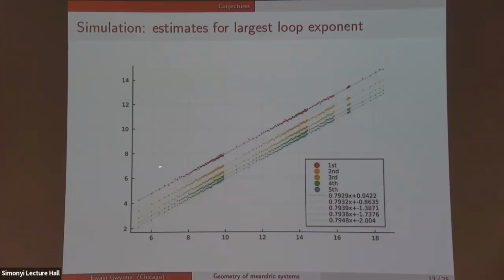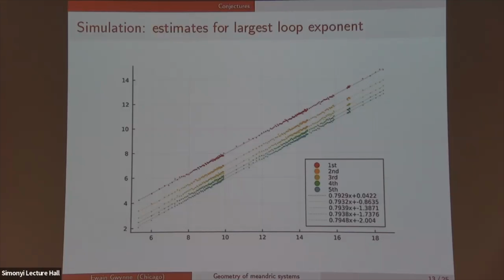As you can see, if we do this log plot for each of the 5 largest loops, the number of vertices in the loop is growing like the size of the meandric system to the power alpha, where alpha is numerically very close to the predicted value. So these slopes that you see here are the numerical estimates for the value of the exponent for the largest loop, and as we can see, they're very close to the actual conjectured value.